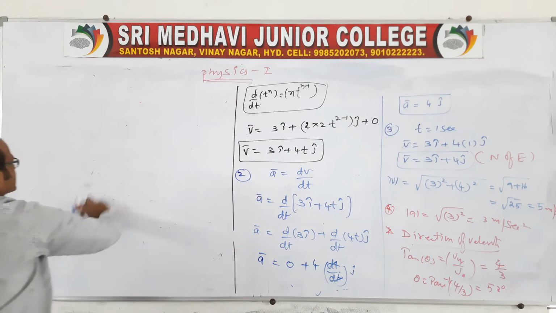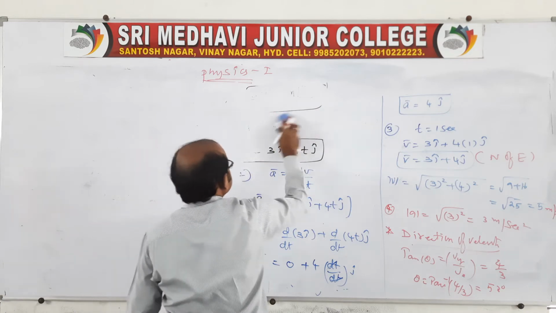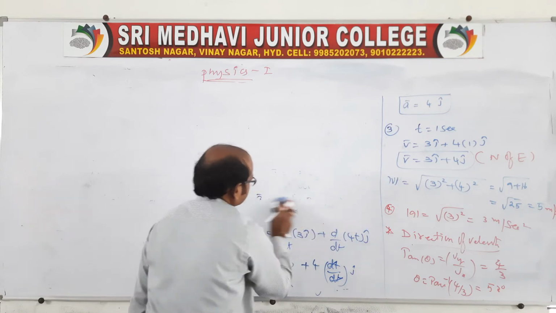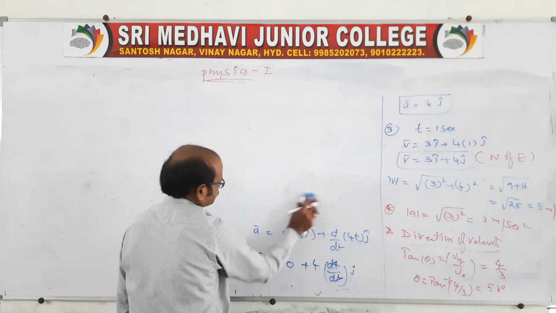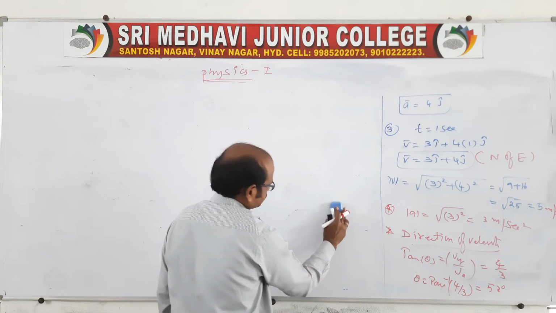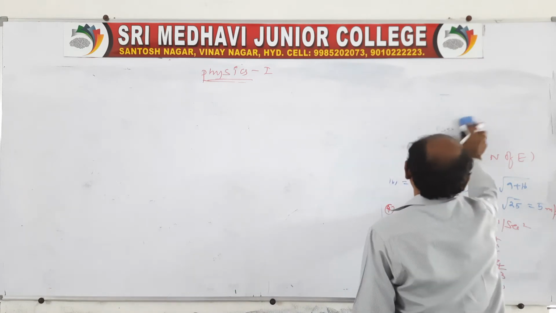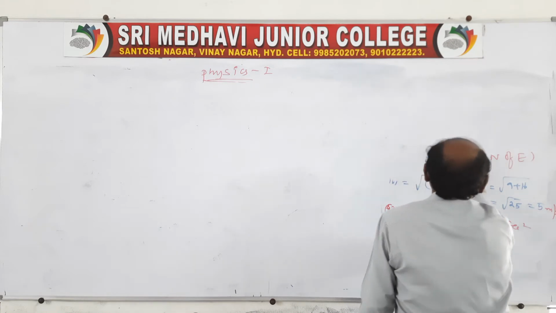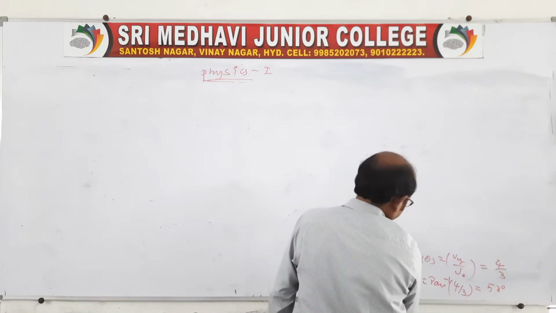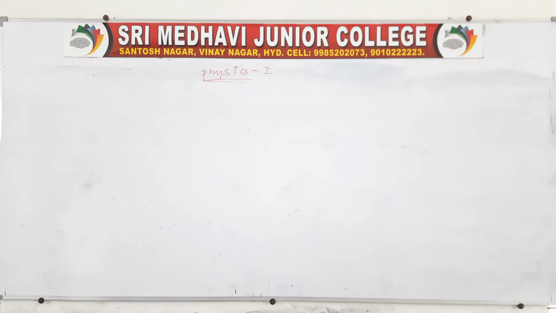Suppose constant velocities are given, then we have to find for the given constant velocities like this. Look here, another question is given like this.